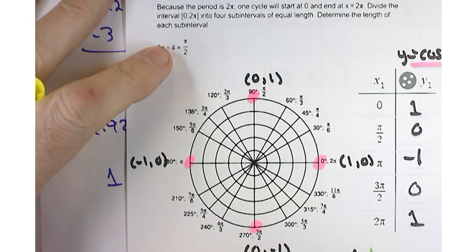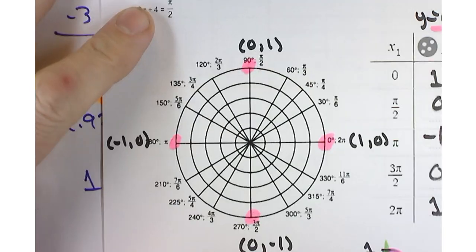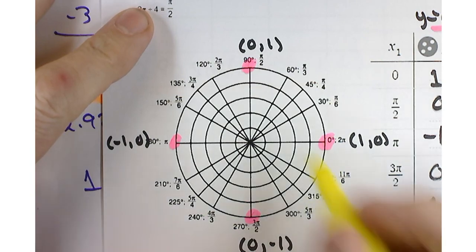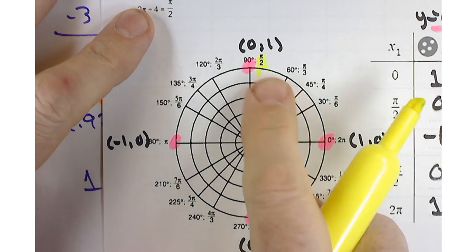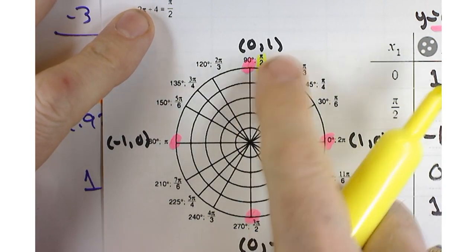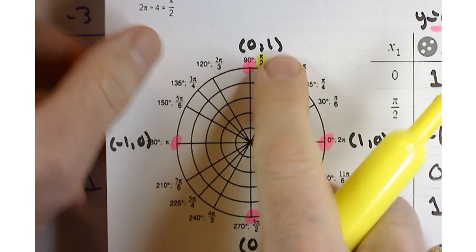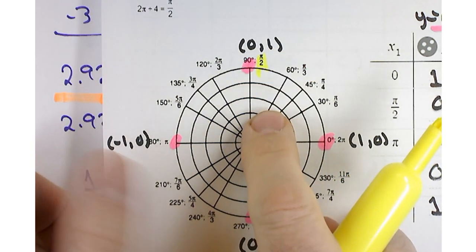So can you find the y coordinate of 1? Right, that would be the 90-degree angle, and in radians, 90 degrees is pi over 2. So if the sine of something is 1, that means the angle has to be pi over 2.